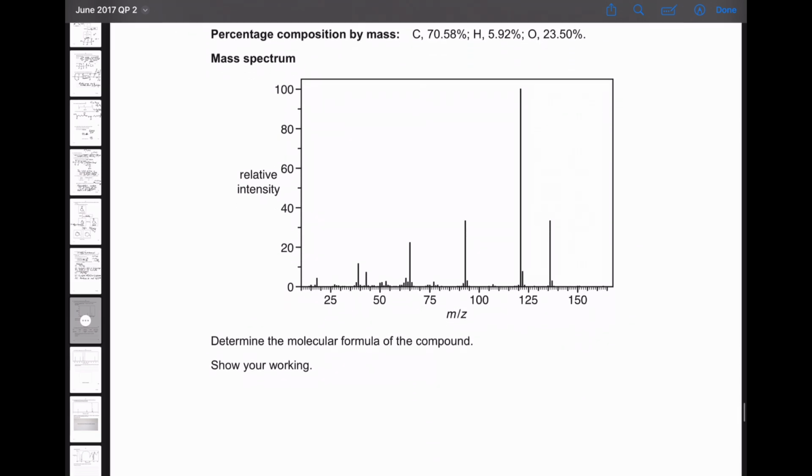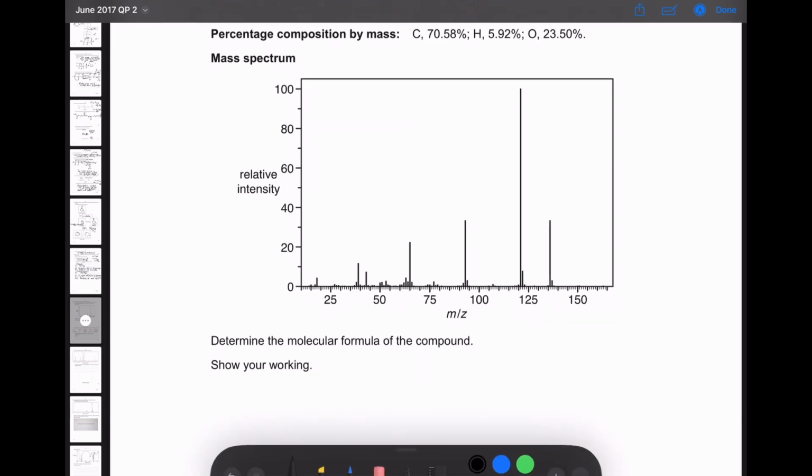So we're going to use our percentage composition to do our empirical formula first. So C, H, O, we're finding the ratio of these. We're going to imagine we've got 100 grams, in which case carbon takes up 70.58, hydrogen takes up 5.92, and oxygen takes up 23.5.